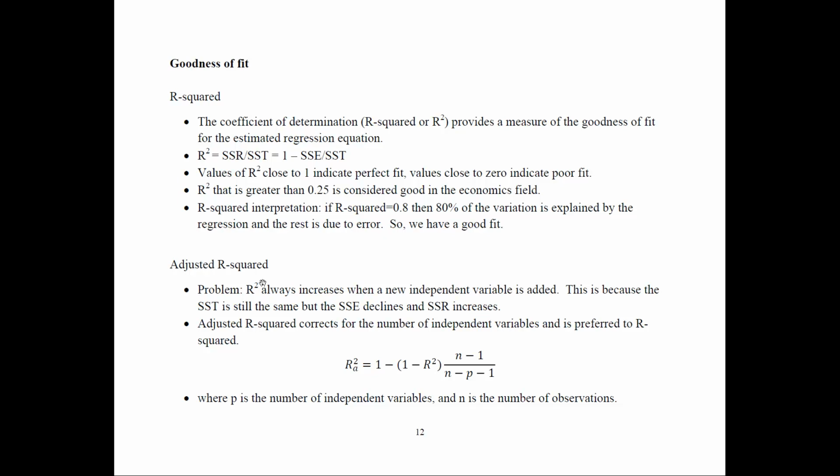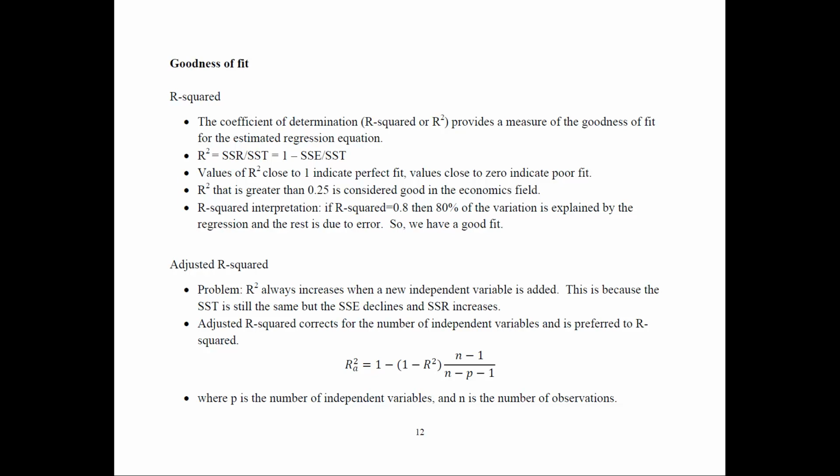Now, one of the problems that occurs with the R squared is that it always increases when a new independent variable is added. And that's because the sum of squares total would be the same, and the sum of squares error would decline, sum of squared regression would increase. Why is that the case? Because every time you add a new independent variable, it will pick up some of the variation.